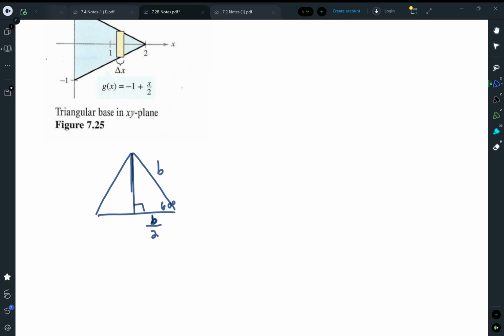And my other side is going to be my small side times the square root of 3, because remember that 1 to square root of 3 relationship. So it's this side here, the 1 times the root 3. So my vertical side would be root 3 times b over 2.